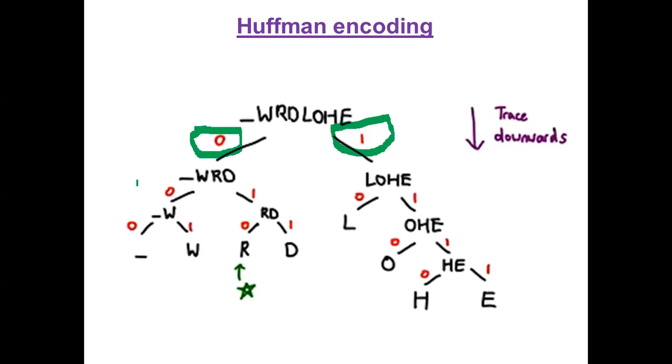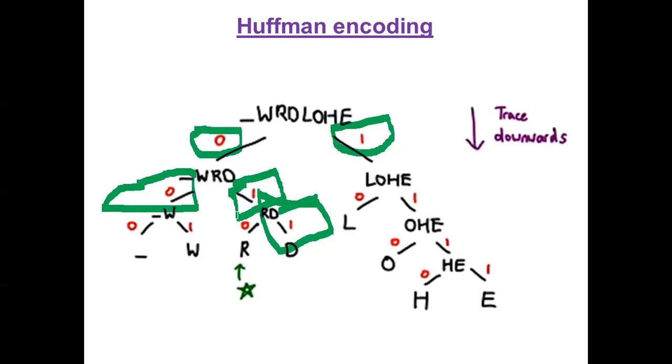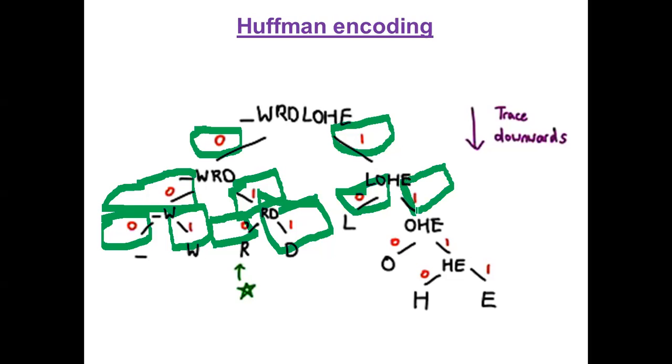This is left side, so I mention 0 here. This is right side, so I mention 1 here. This is also right side, so I mention 1 here and left side 0 here. So for every transaction I should mention 0 here and 1 here, and 0 here and 1 here. All the left sides are 0 and all the right sides are 1. So keep it in mind and that should be noted by you.